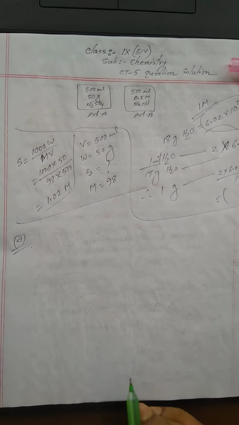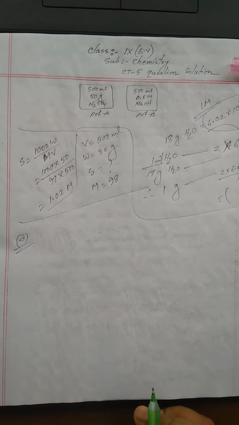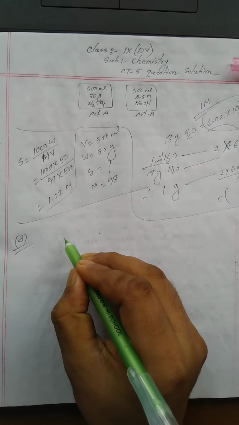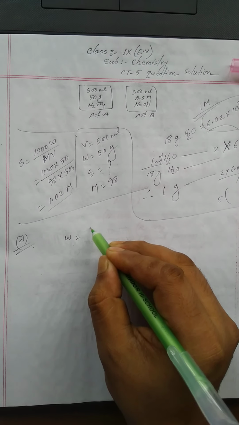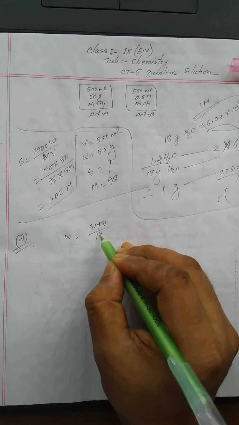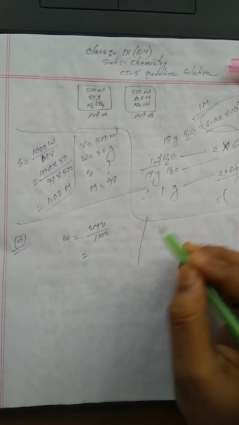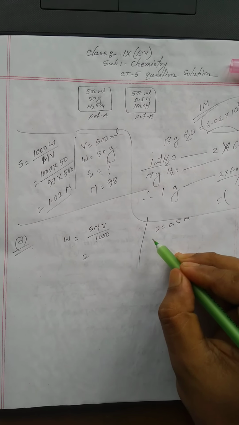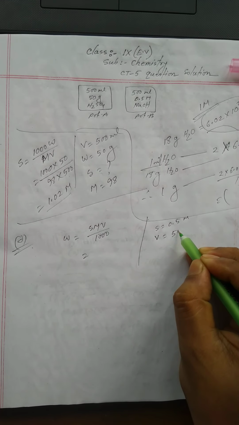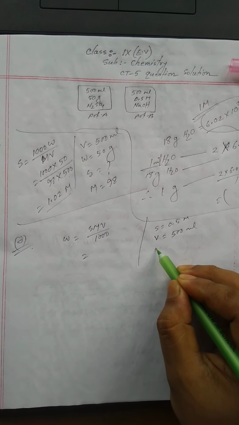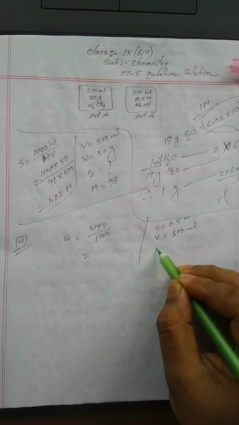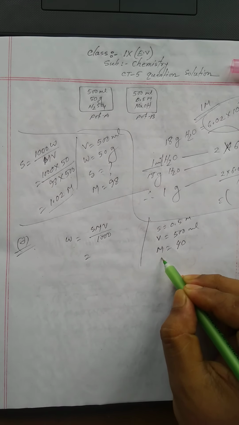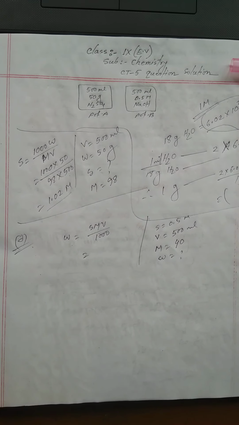So we have to calculate the amount of NaOH in pot B. W is equal to SMV divided by 1000. S is 0.5, V is 500 ml, M for NaOH is 40, W will be calculated.